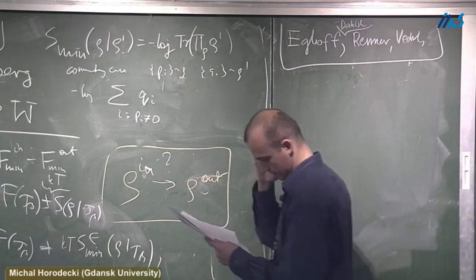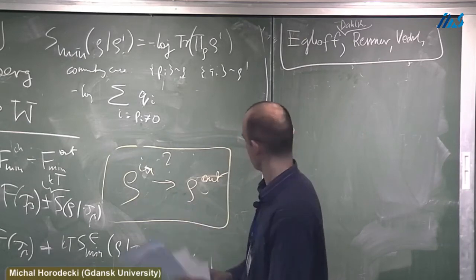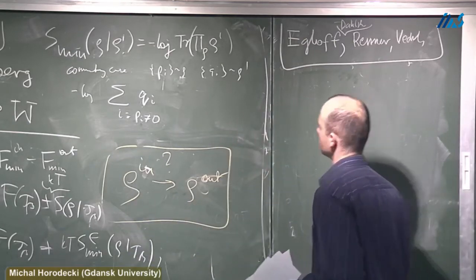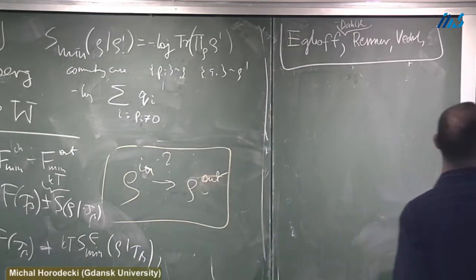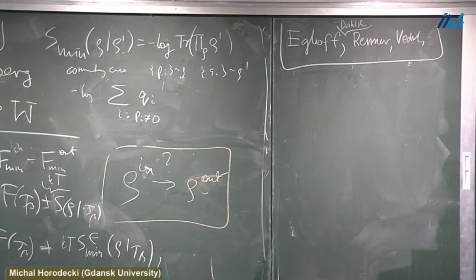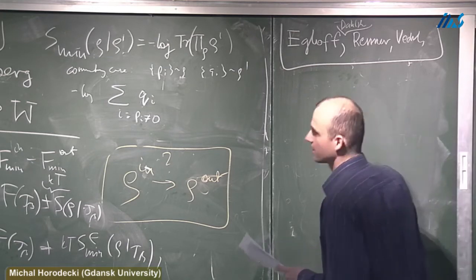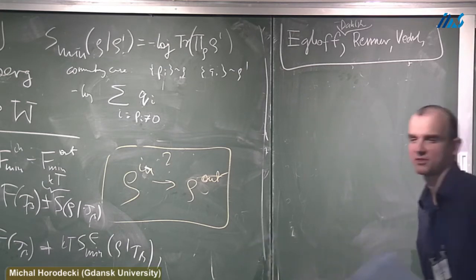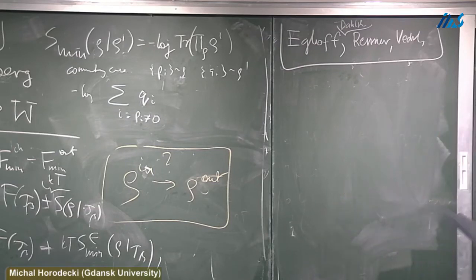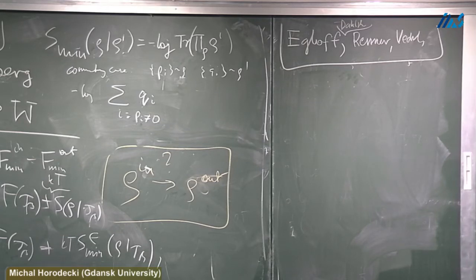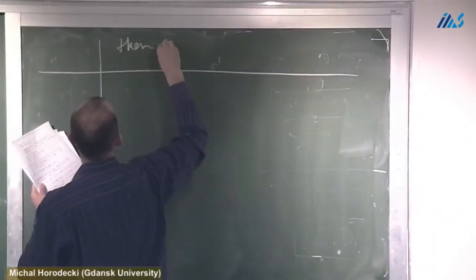I maybe will write some table. Now some table. Aha, this class of operations is called thermal operations in this thermodynamics for adults. So let me make some picture. So here is thermo for kids.